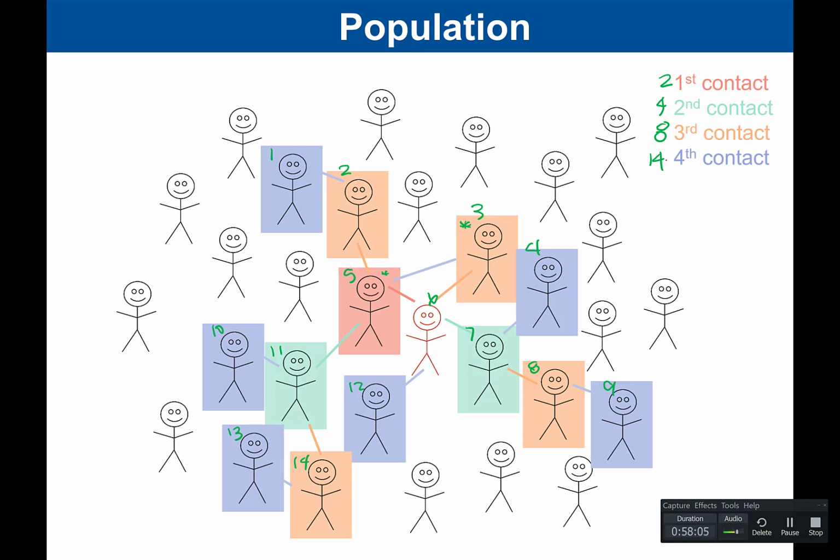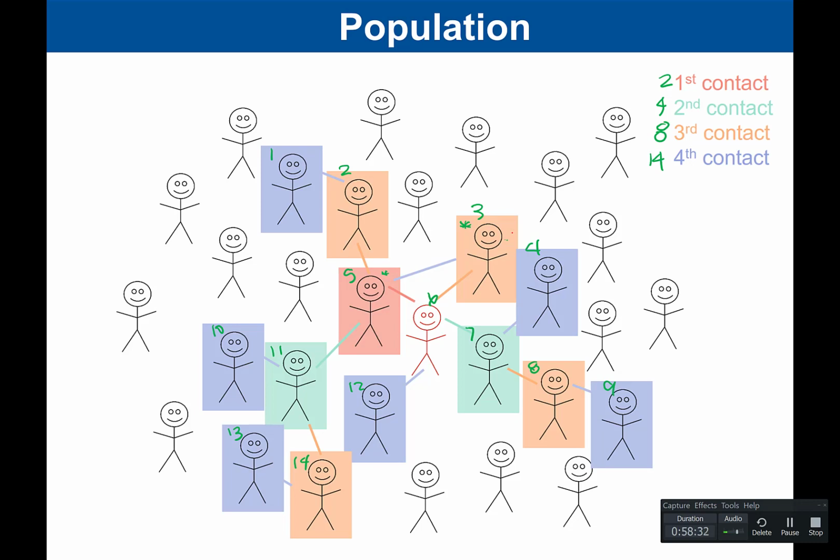And so the data that I had you use for that table was based on the fact that we're assuming that one time 2 people who were infected made contact and that did not result in a new case. Notice that there's no purple one coming off of this person in the red, and no purple one coming off this person in the orange. They did not each initiate a new case because they both already had it.